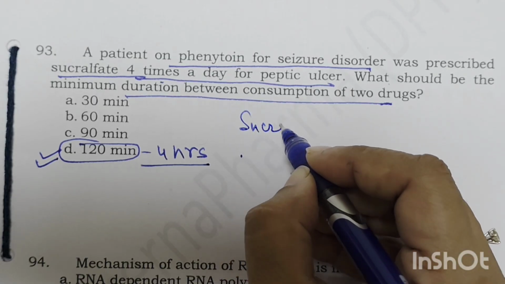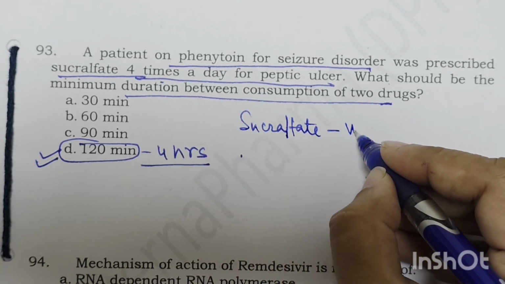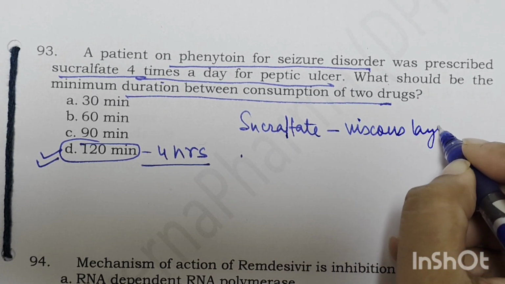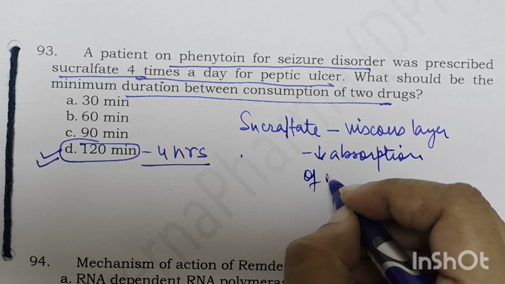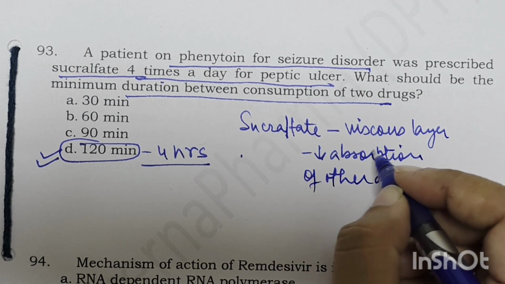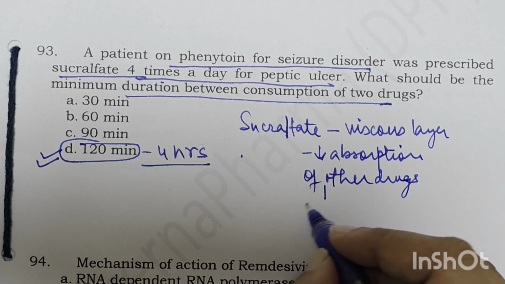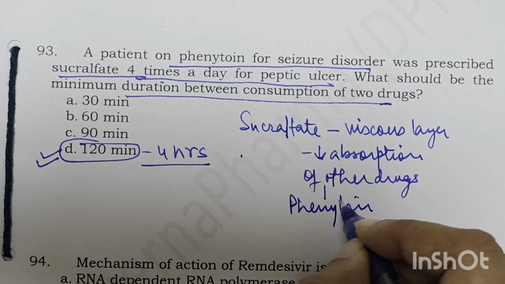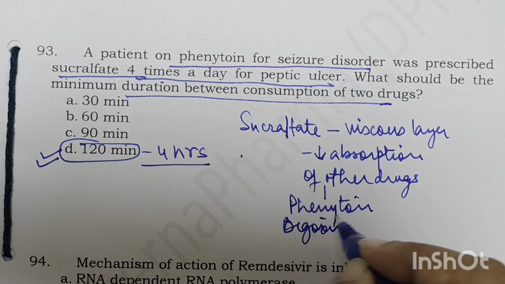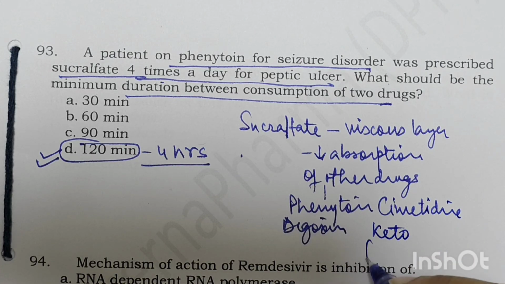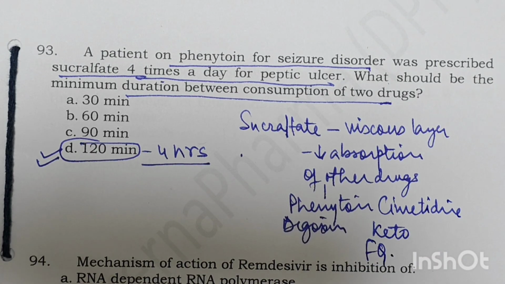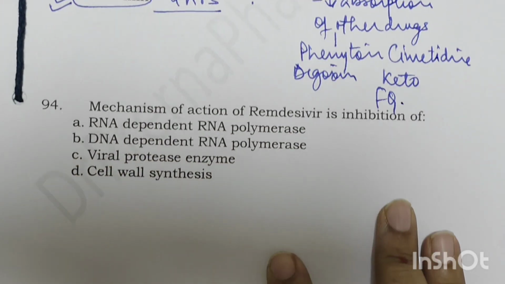Because sucralfate forms a viscous layer in the stomach, which inhibits the absorption of other drugs, including phenytoin, digoxin, cimetidine, ketoconazole, and fluoroquinolones. So you need a gap of at least 4 hours between sucralfate therapy and these drugs.